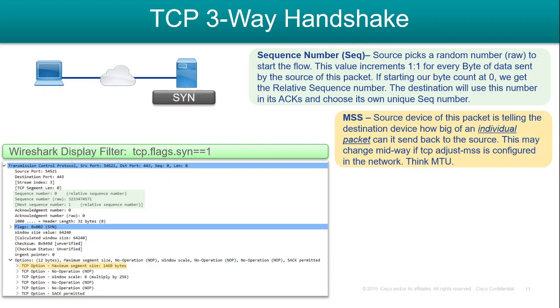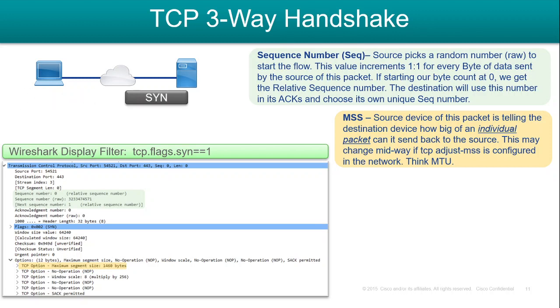In addition to the sequence number, we also have the MSS, or maximum segment size. Think of this just like the MTU on a switch or router. This represents the maximum individual packet size that we can send.